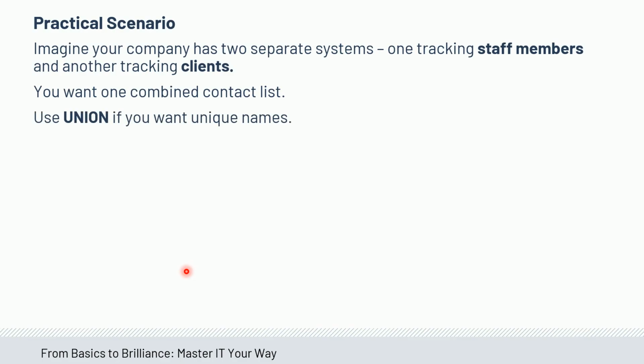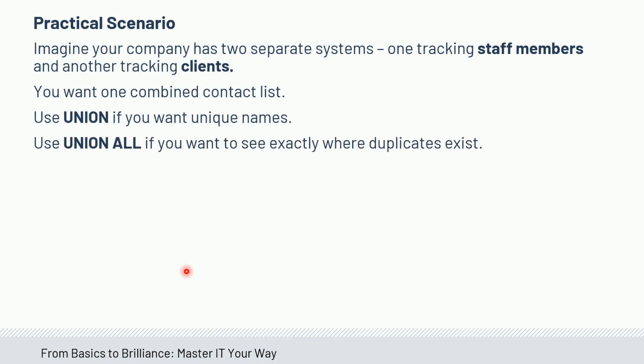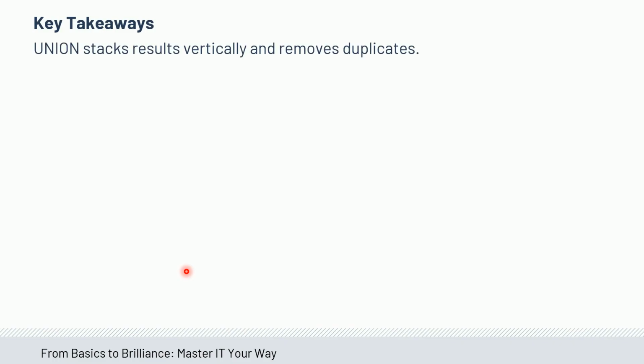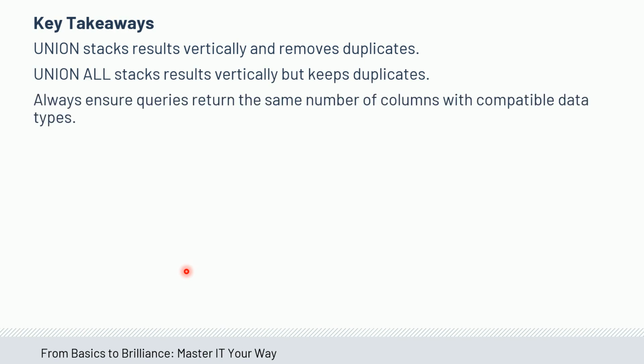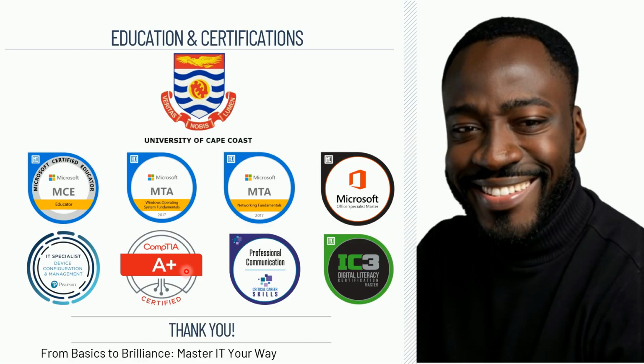Use union if you want unique names, and use union all if you want to see exactly where duplicates exist. Our key takeaways: union stacks results vertically and removes duplicates. Union all stacks results vertically but keeps duplicates. Always ensure queries return the same number of columns with compatible data types. Please do not forget that.